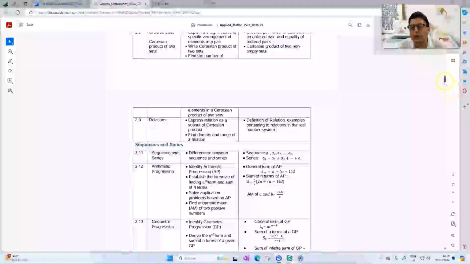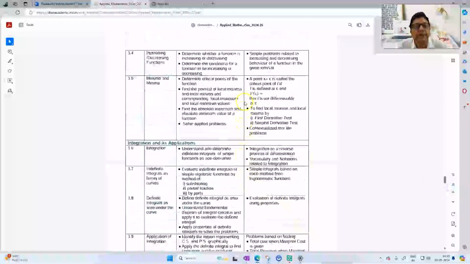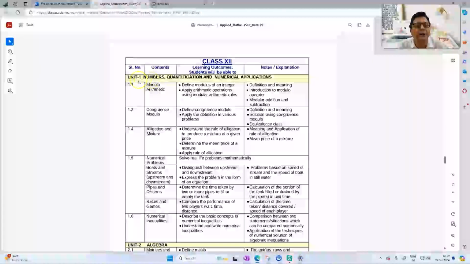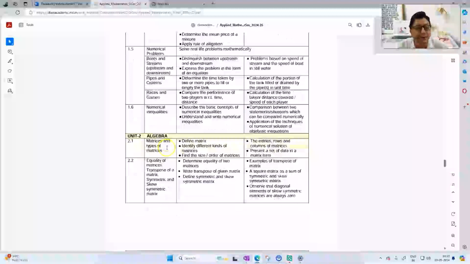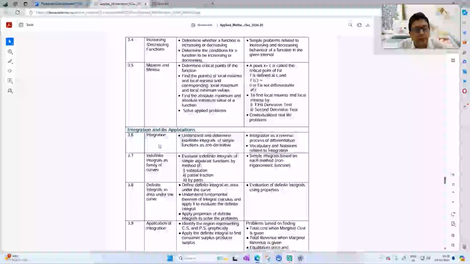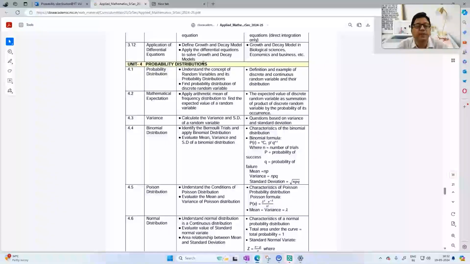Let us go for the class 12 syllabus now. Okay, class 12 syllabus, all these units are done already. Unit 1 number, quantification, numerical application, algebra, then calculus, and then there is probability distribution. 10 marks are given for that.